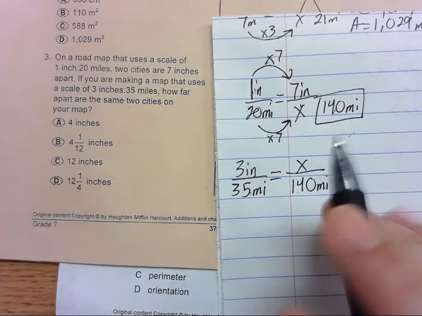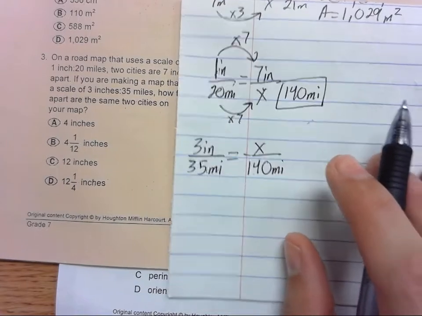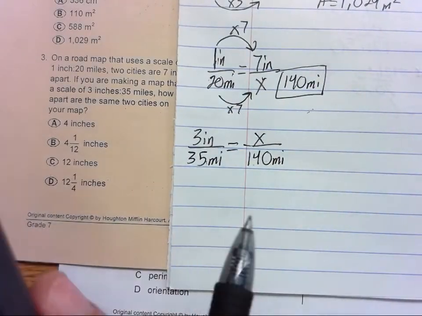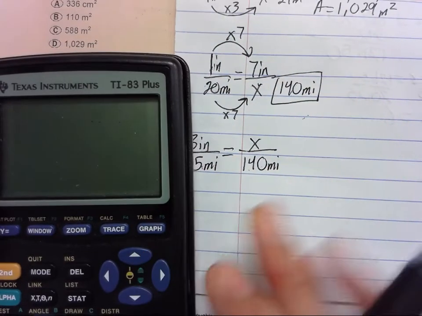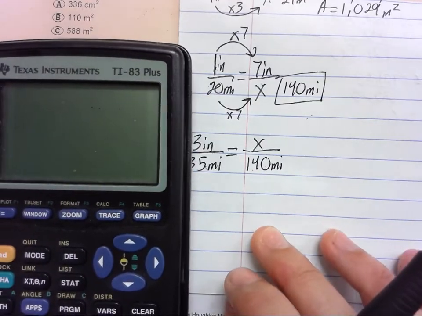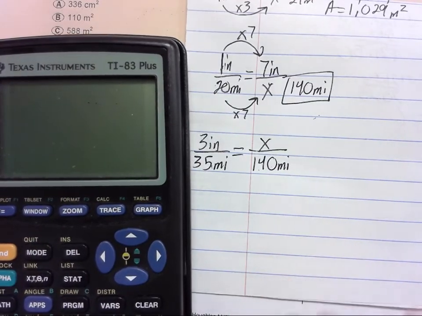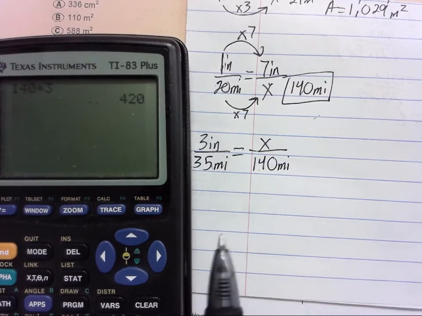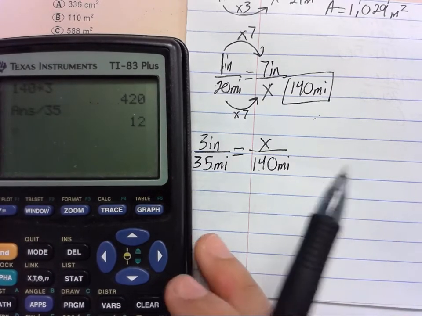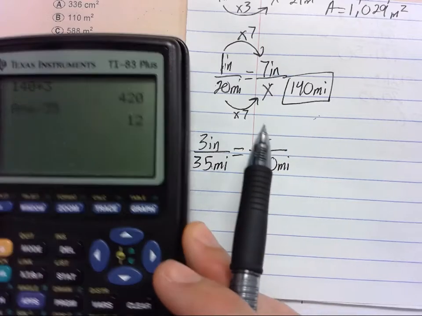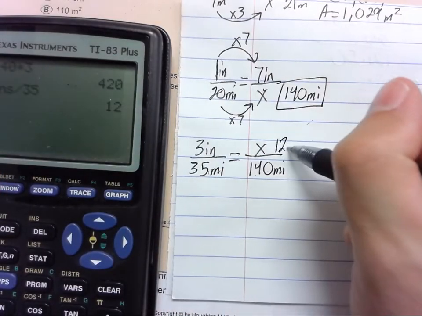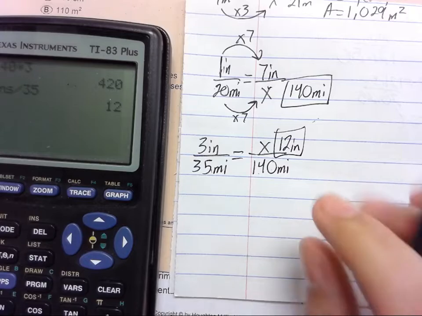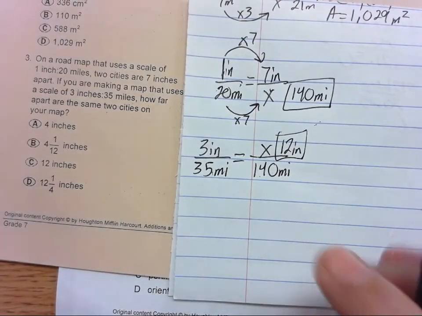And now we can cross multiply and divide, unless of course you know your multiples of 35. So for this one we would do 140 times 3, which is 420. Now we need to divide that by 35, and we get 12 inches. So the answer to number 3 is C.